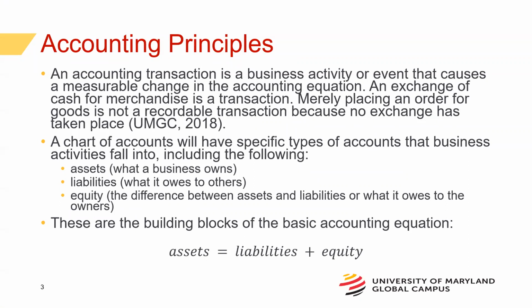In your personal lives, you also have assets. You might own your house. Your home is considered an asset. You might own your car, your vehicle. Your vehicle is considered an asset. These assets help us to generate revenue or income.